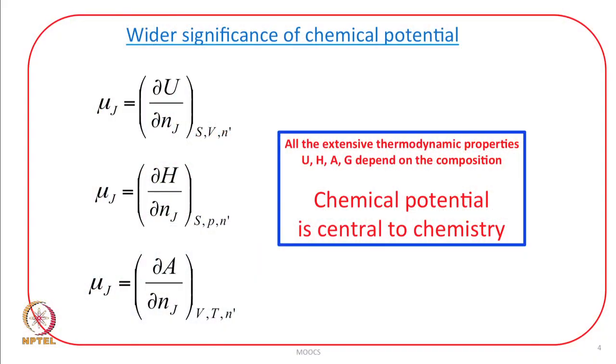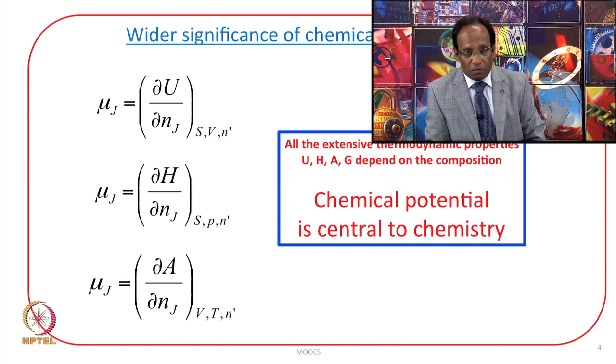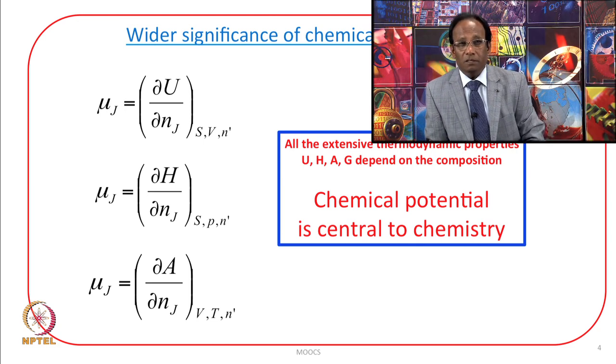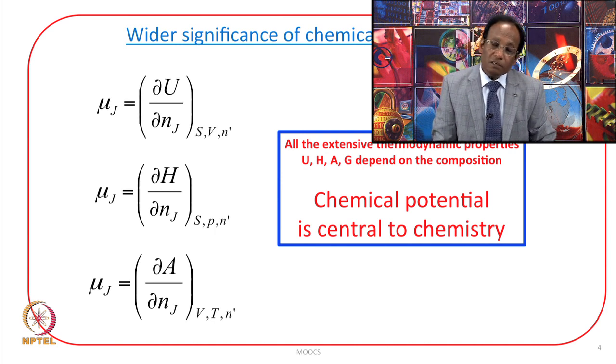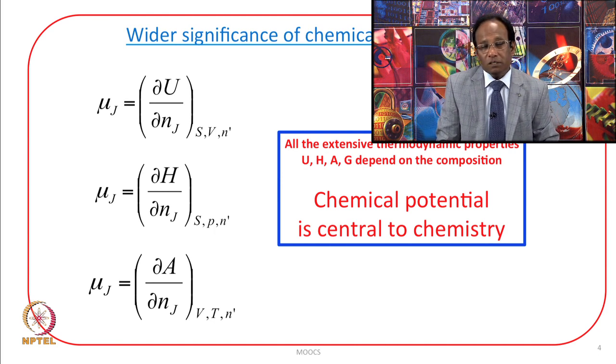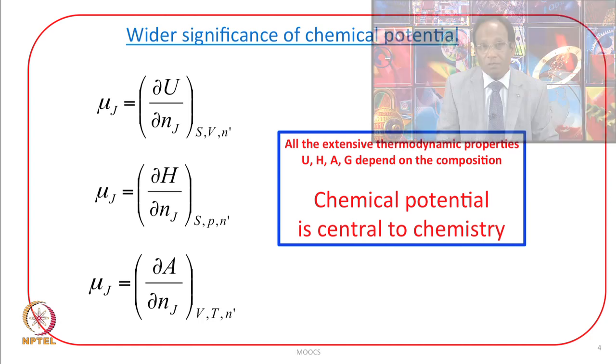So, what we have done is shown that all the extensive thermodynamic properties such as internal energy, enthalpy, Helmholtz free energy and Gibbs energy depend on the composition. And this is the reason chemical potential is considered to be central to chemistry.